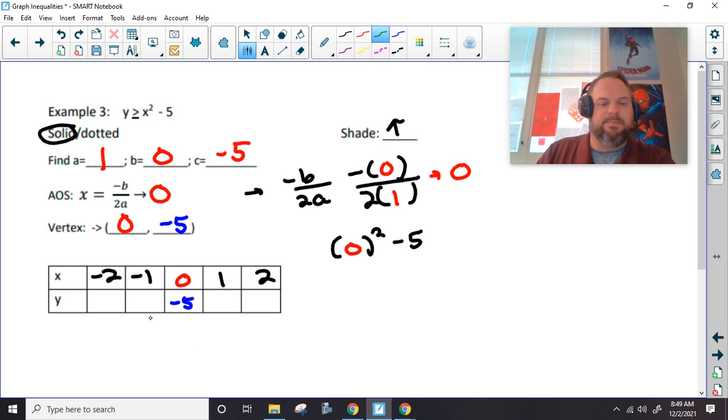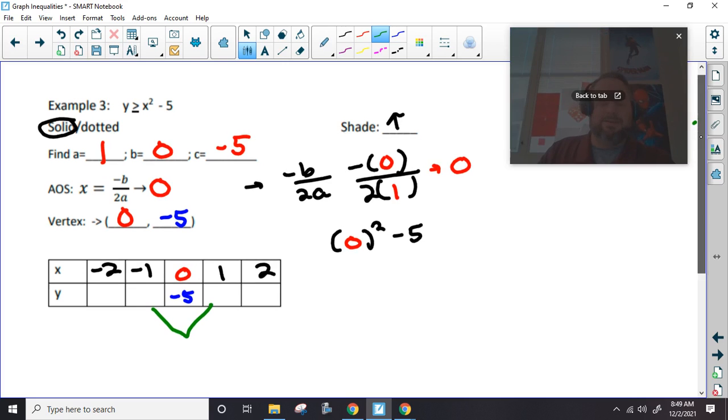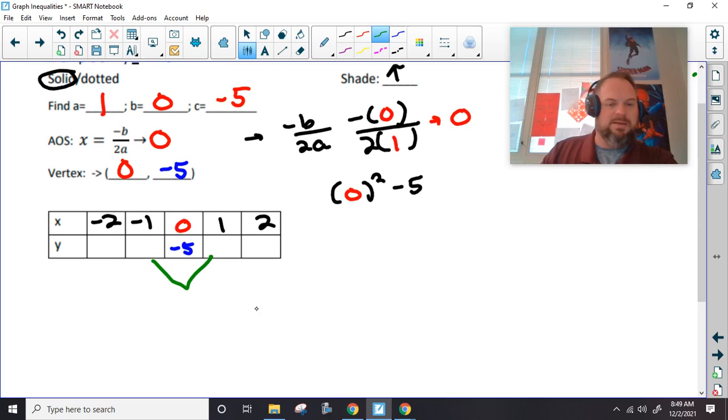This is the ratio of 1a. Well, this is 1 times 1. So what is negative 5 plus 1? Negative 4.